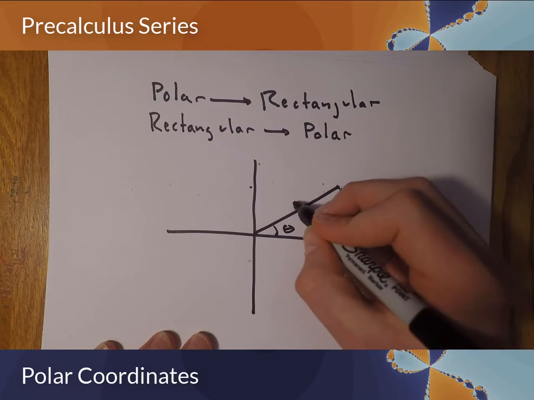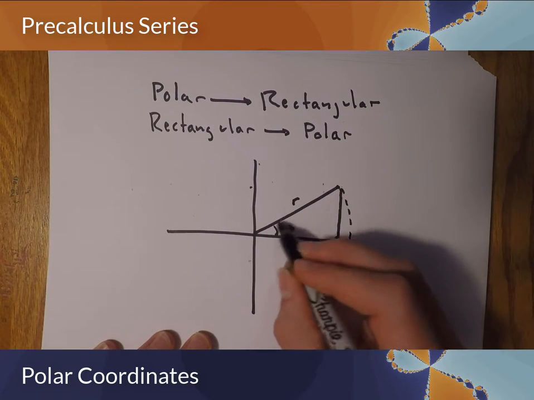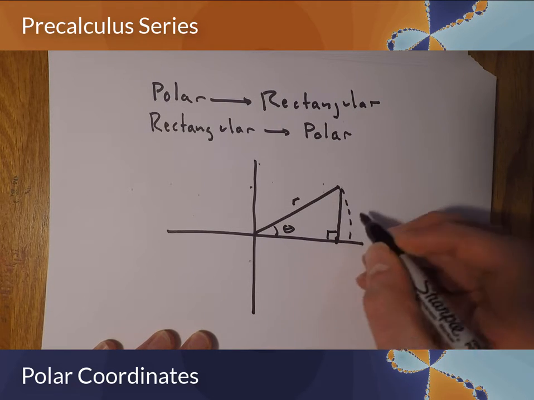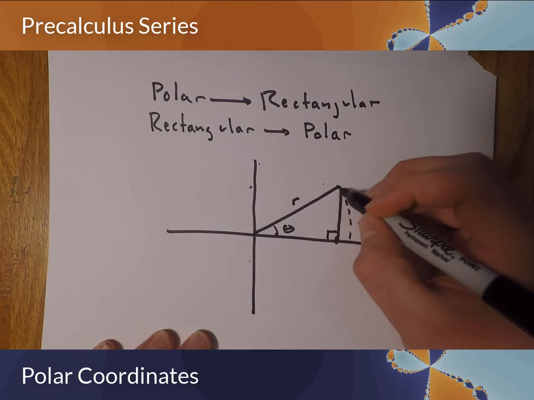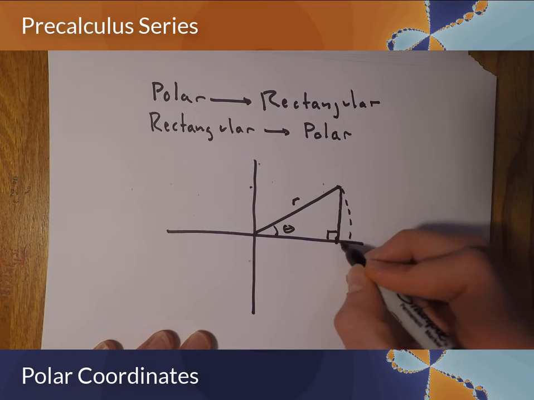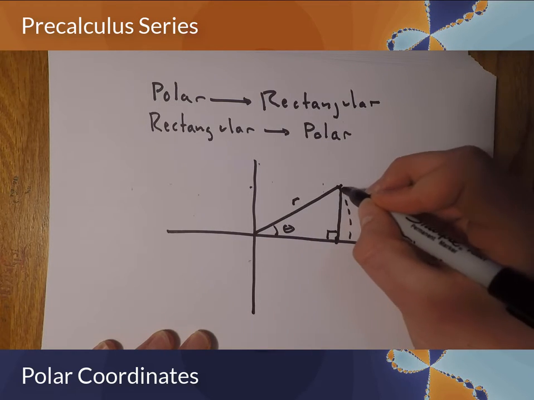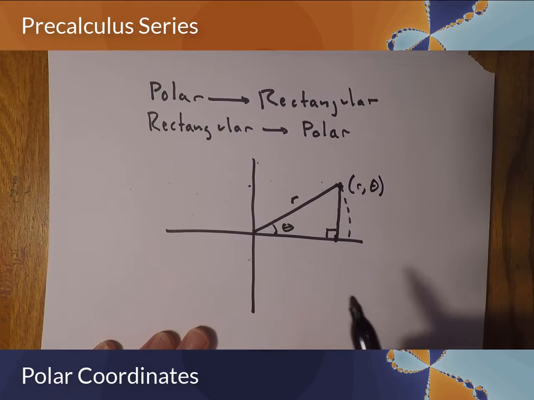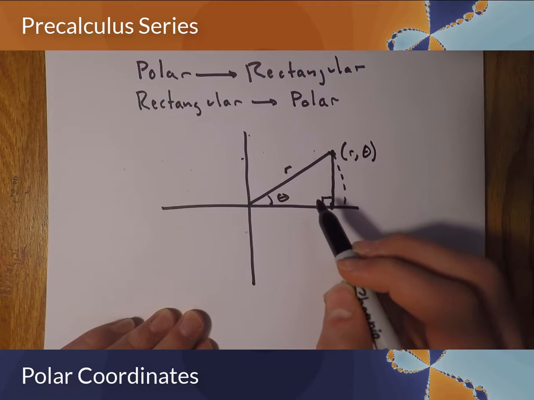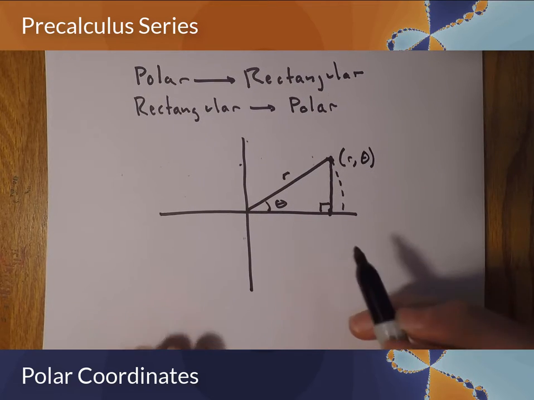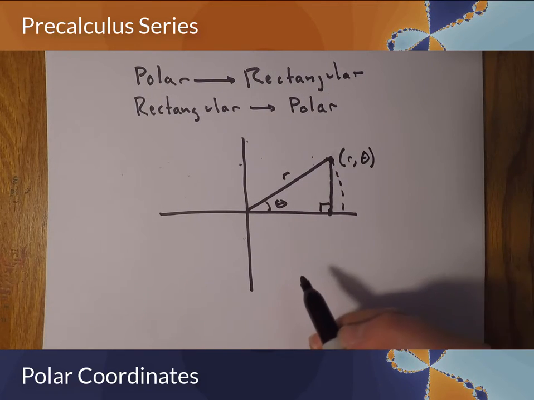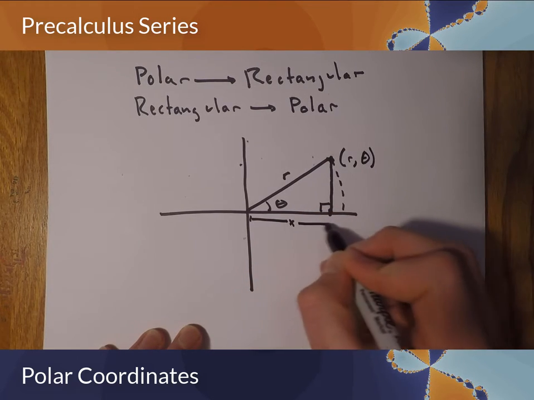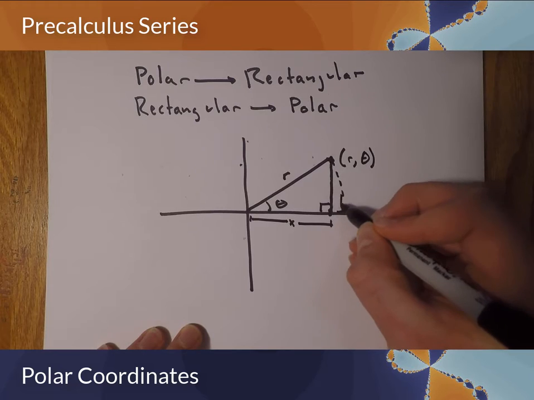Now, we know r, we know theta, and we know that this is a right triangle here, because if you were to draw an imaginary line straight down to the x-axis from this point, r theta, it forms a right triangle.